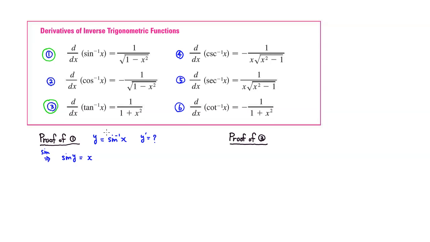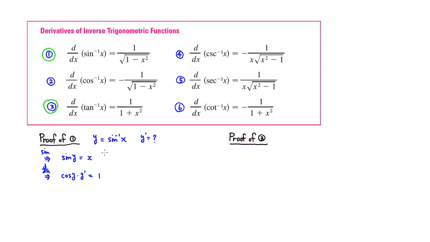All right, then we can take the derivative with respect to x. The derivative of sine is cosine of y, then you have to multiply by the derivative of the inside function, so we can put dy over dx or y prime. Since I used y prime here, I'm going to use y prime. So this is just the chain rule. The derivative of x is obviously 1.